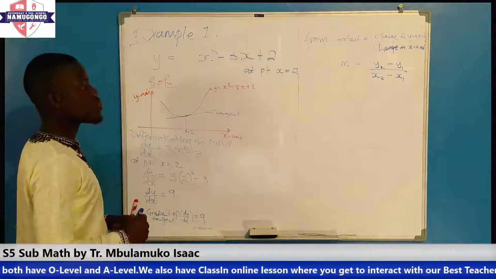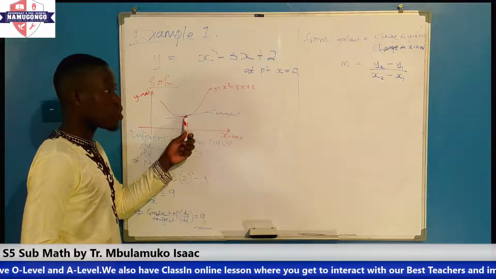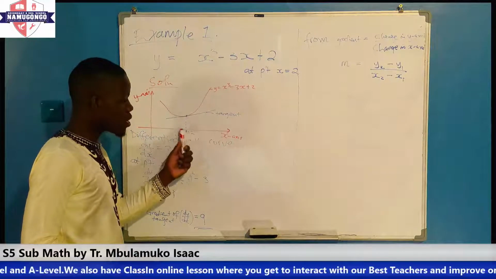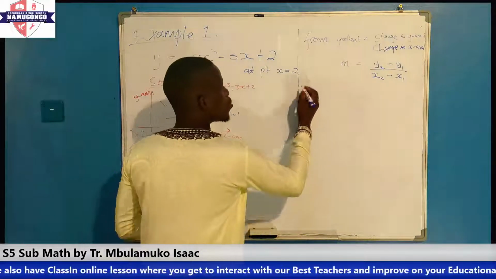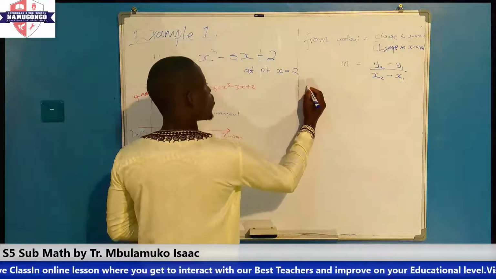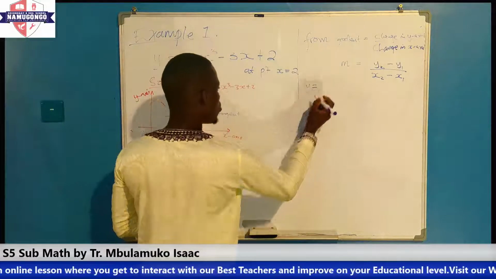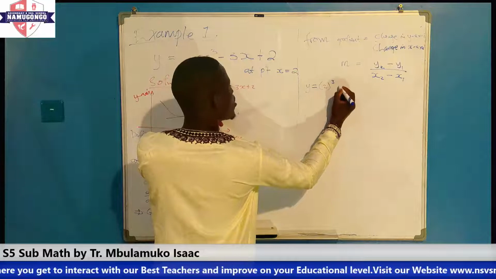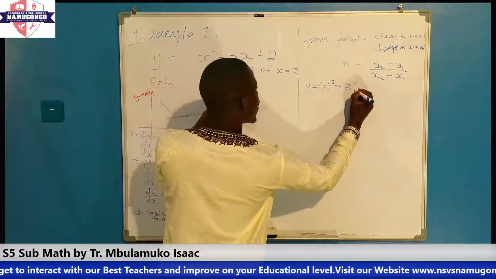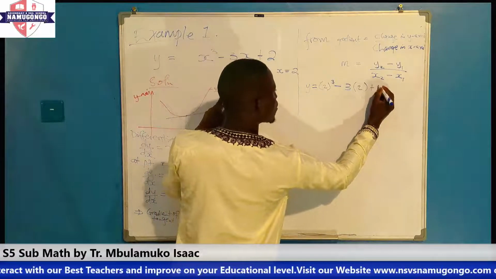So how do we get this value of y? At this particular point, we get the value of x and substitute it in that equation. So if we substitute our value of x in the equation of the curve, we shall have 2 cubed minus 3 into 2 plus 2.